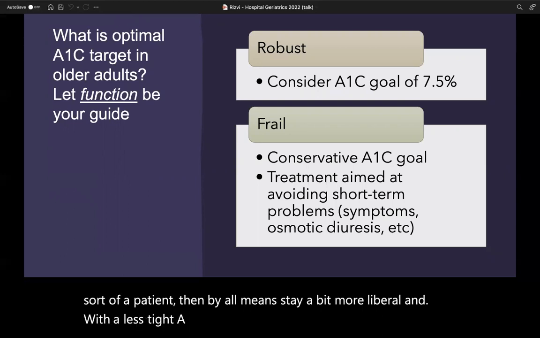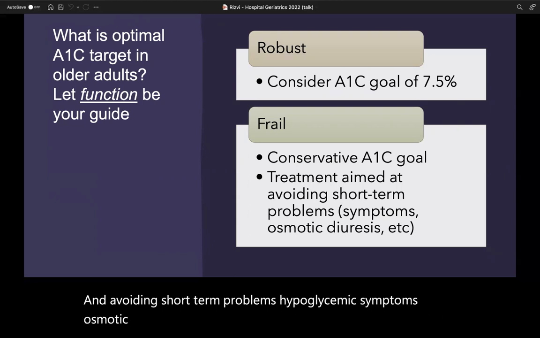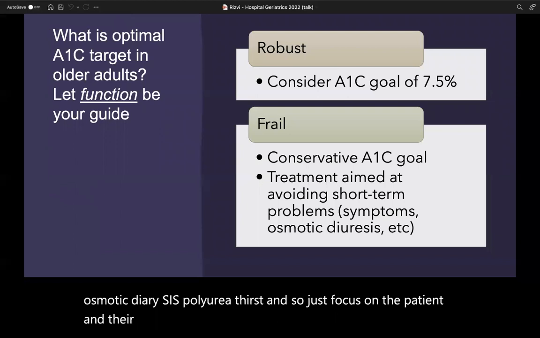The treatment should be aimed at avoiding short-term problems like hyperglycemic symptoms, osmotic diuresis, polyuria, and thirst. So just focus on the patient and their function to be your guide as opposed to a number.